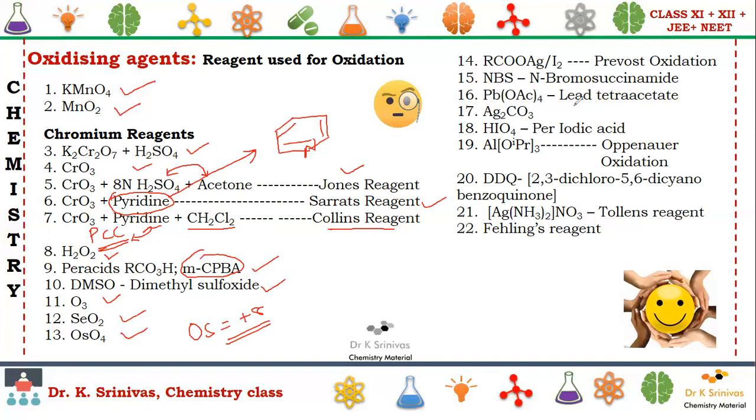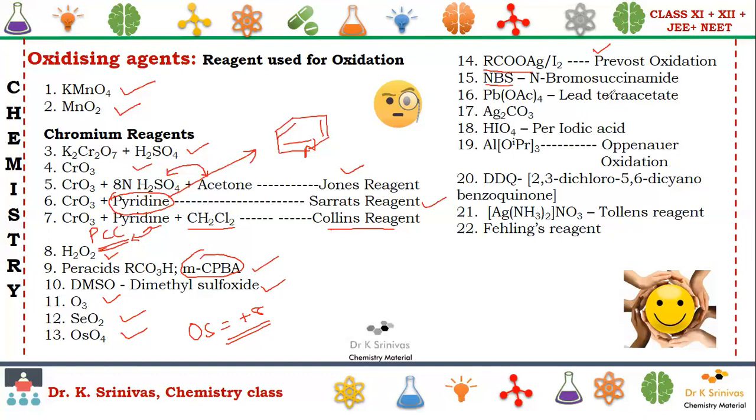Okay. Next we have silver salt of carboxylate with iodine. We have Prevost and Woodward. Don't worry about those names now, just have a brief idea about the reagents. NBS is nothing but N-bromosuccinimide.